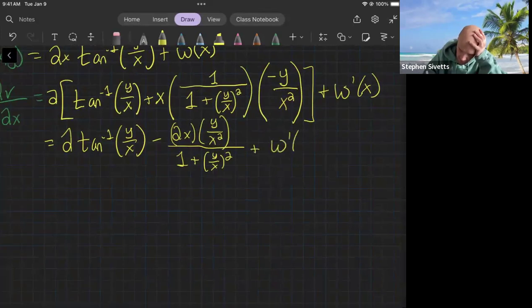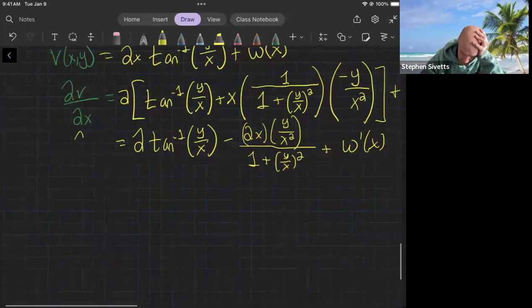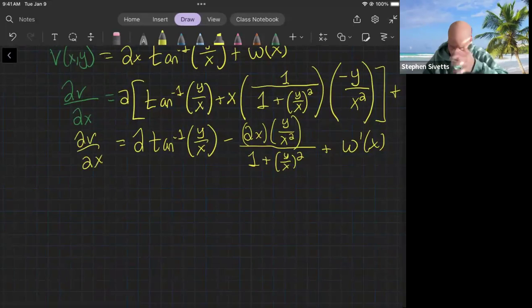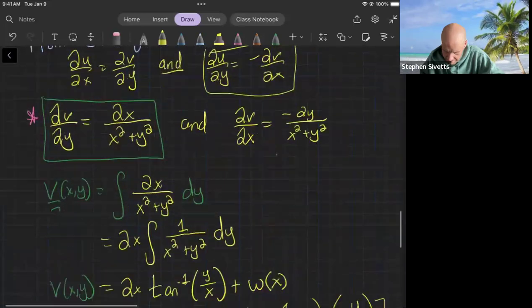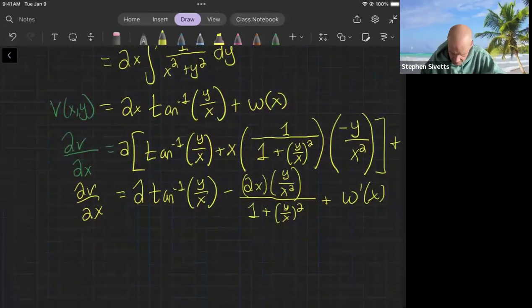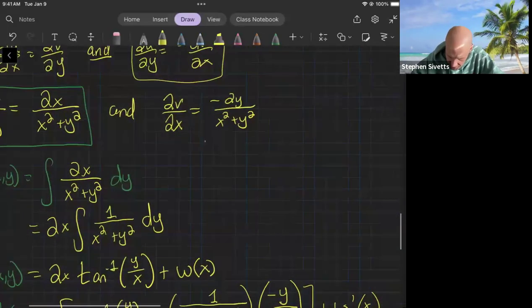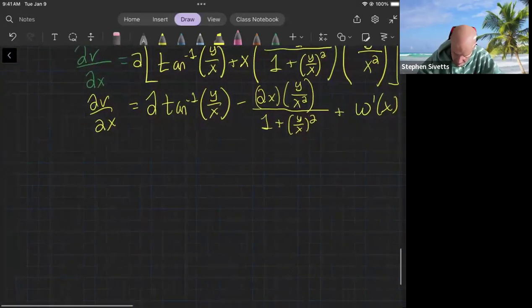Plus w prime of x. This is the partial of v with respect to x here. And we already know that the partial of v with respect to x equals this quantity, negative 2y over x squared plus y squared.